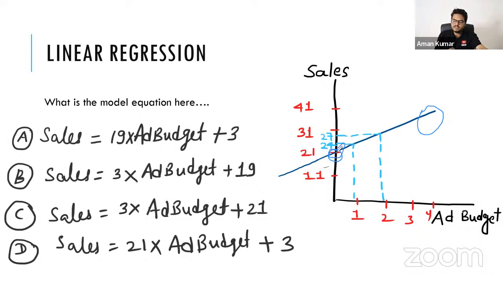Your regression line cuts the y-axis somewhere here, so that is important. This is your C and this is M, and we discussed how we calculated M. Okay, let's move on to the next one.